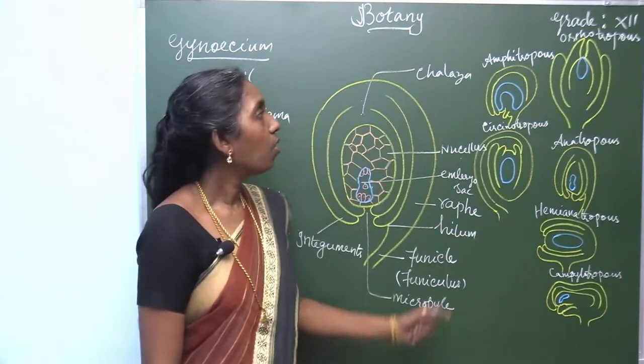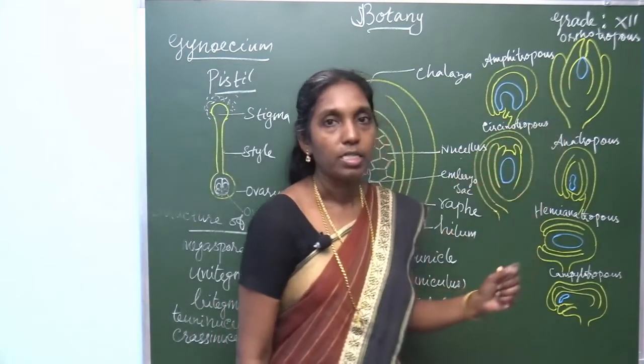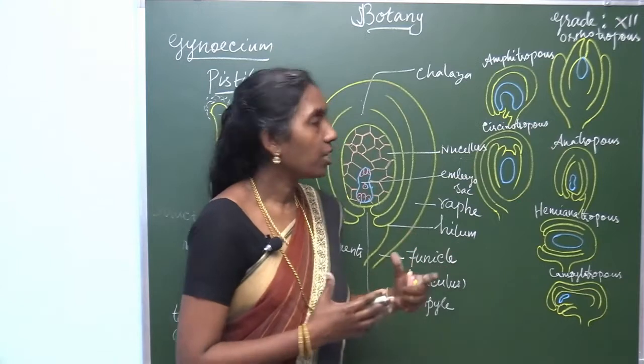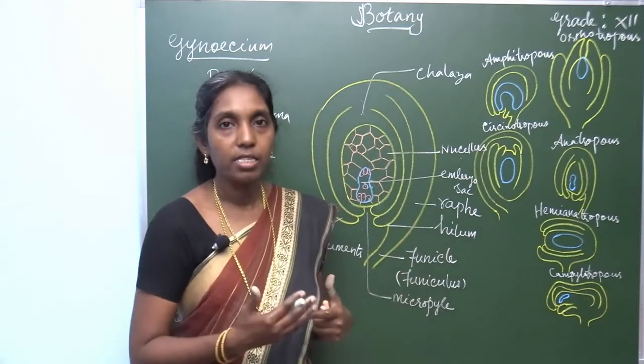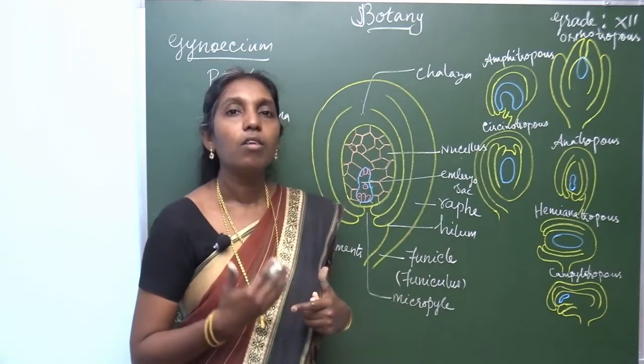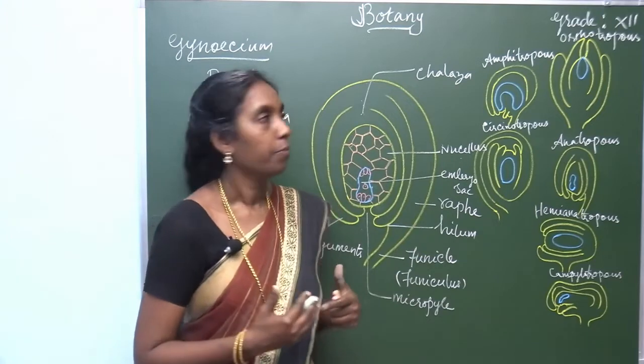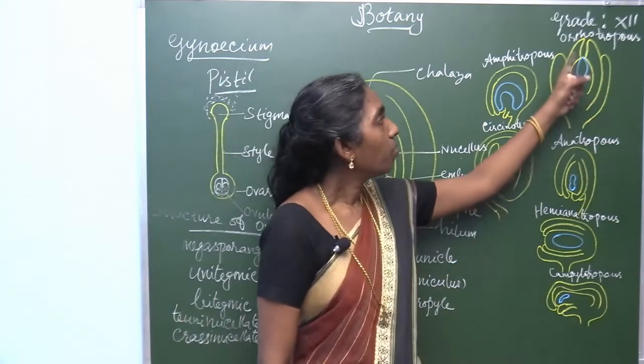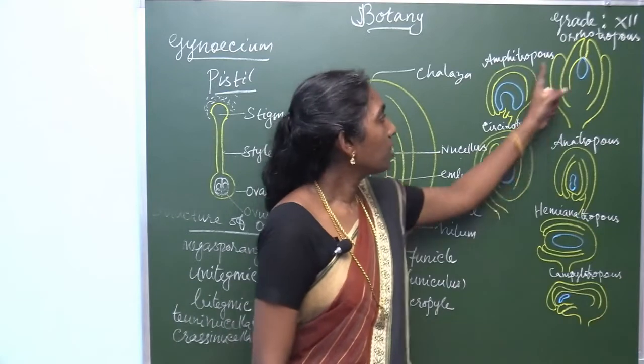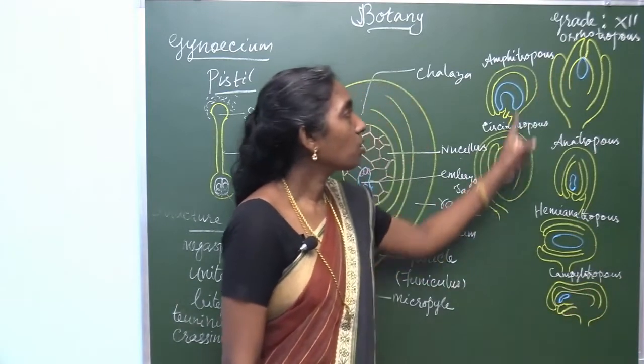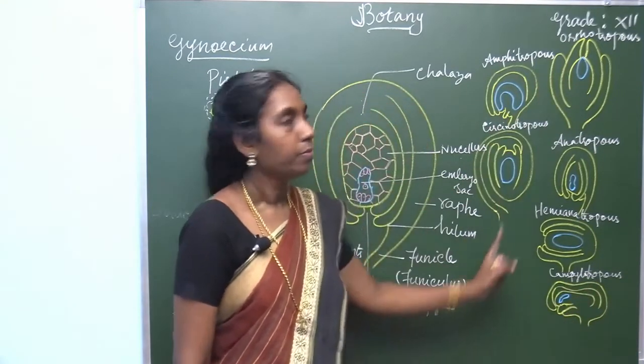Let us see how it is orthotropous. This classification of the ovule is based on the orientation, form and position. So, this type of ovule is orthotropous. These are the structures of different types of ovule.